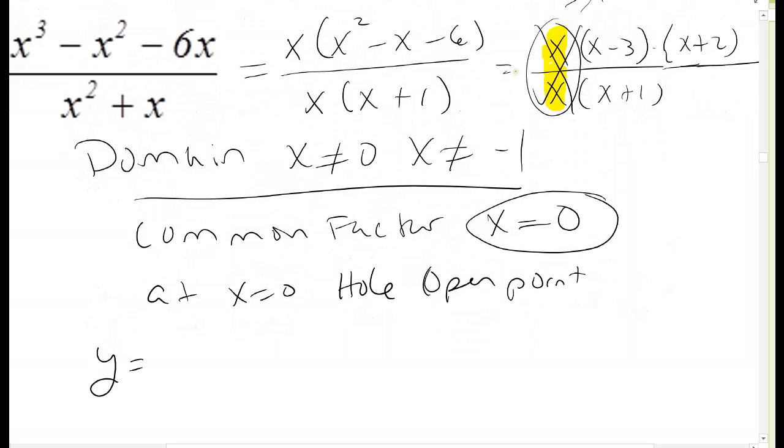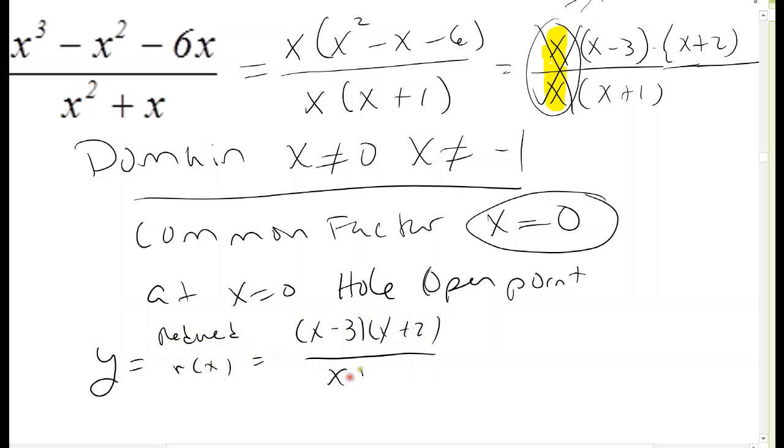The reduced form would be without those x values. So I take 0, plug it into the reduced r of x, which would be x minus 3 times x plus 2 all over x plus 1. Plug 0 into that. And so up top I get negative 6 over 1, so negative 6.